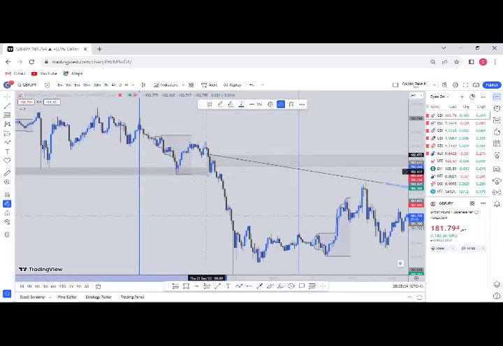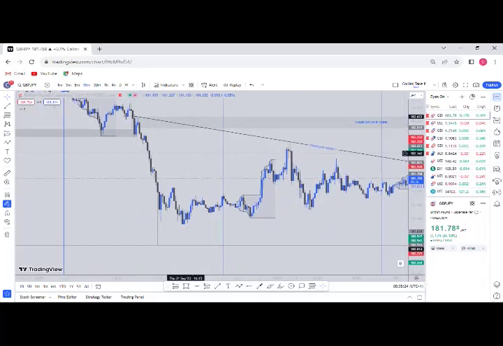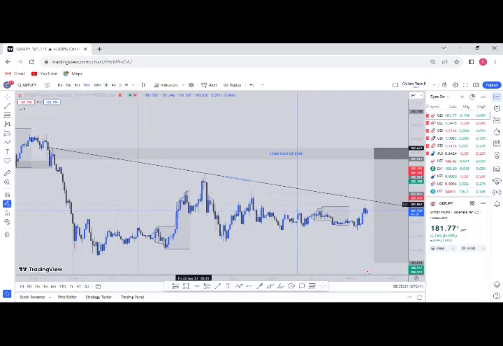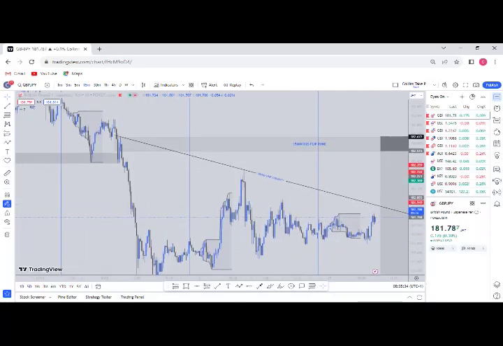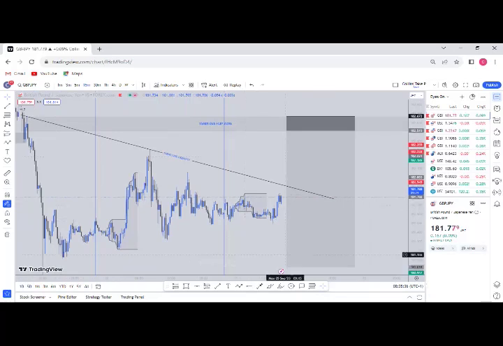We go to this point and price bounced off the demand, then bounced off the demand again, and introduced a new supply, around here, before breaking this demand. So now we are expecting a price retracement back to this demand following the price cycle.